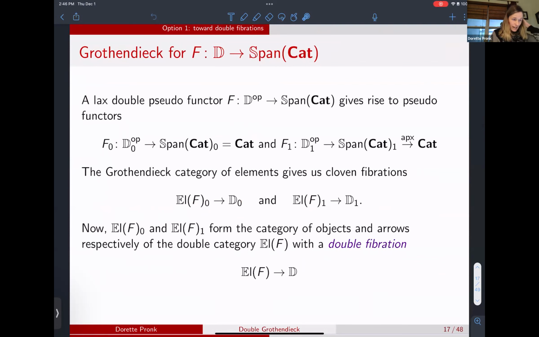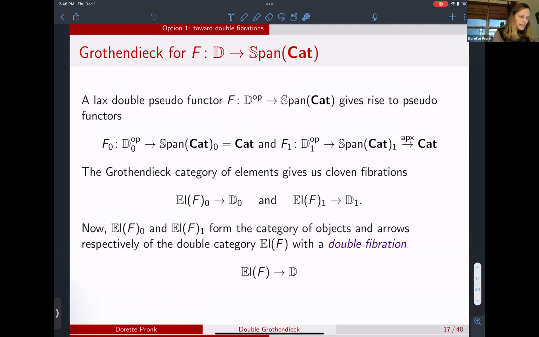So when we have a functor like this, a lax double pseudo functor, we get a pair of pseudo functors into Cats. The first one is easy to see because the zero part of Span Cat is just Cat. So we're right there, the objects. For the arrows part, we had the Span Cat one, but now we can take the apex functor into Cats.